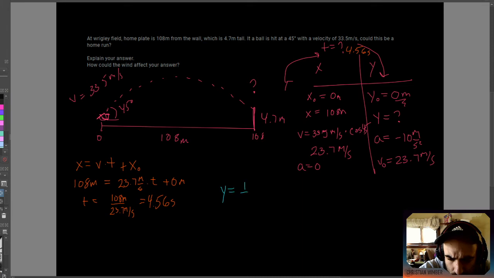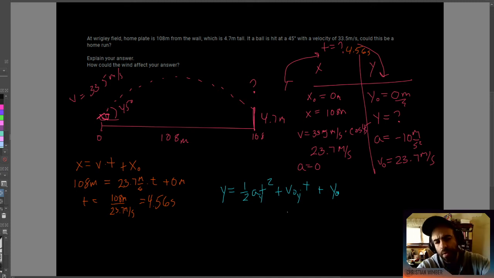y is equal to 1/2 a t squared plus the initial velocity times t plus the initial position. I'll put a y there just to remind me that these are all vertical values. And let's just plug in things we know. We don't know the position, that's what we're looking for.